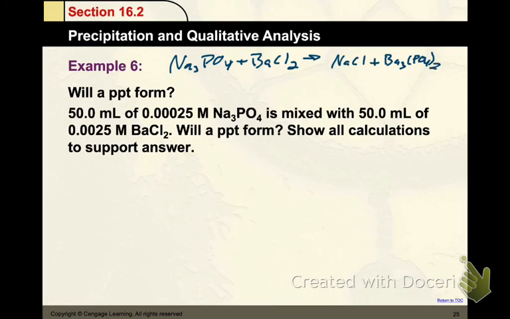Now, we could balance that, but it doesn't really matter. We're just looking at this and this. Well, you probably remember from previous things that NaCl is soluble, so that's not going to be a possible precipitate. So we're really looking at Ba3(PO4)2. That is our potential precipitate.